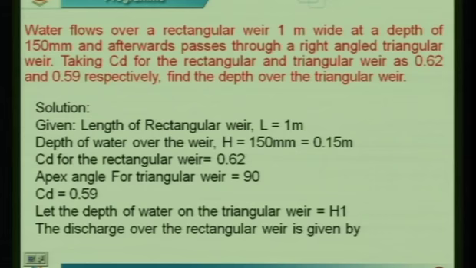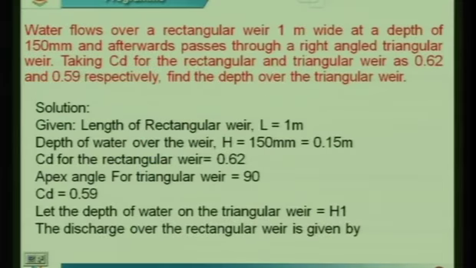Basically this problem doesn't talk about the error. This is typically a lab problem. Remember, whatever amount of water is flowing over the rectangular notch or rectangular weir, the same amount of water is flowing over the V notch. Kindly recall the law of conservation of mass, or continuity equation.